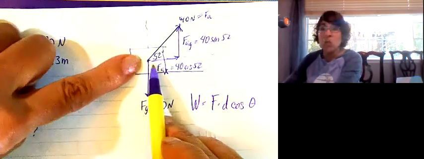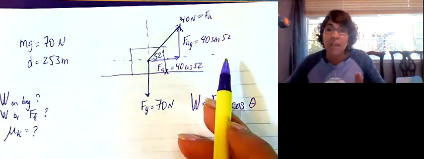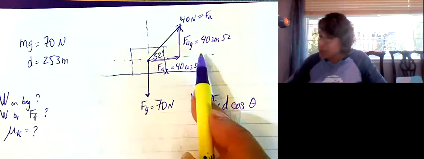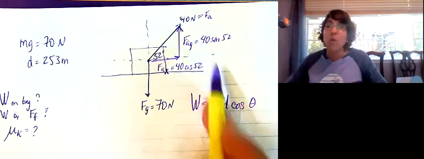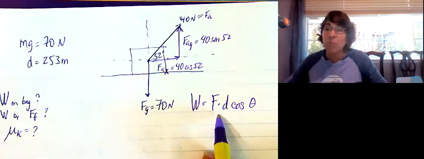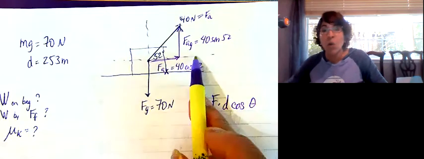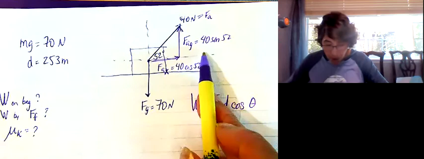Because if you're going to be dragging this box this way, the only force that's actually helping you to move it is the cosine one. So this vertical one you could say is being wasted. So that's why this equation is the work being done on the box: just the force that actually is helping it to go horizontally. Okay, so this is a good problem to show you why that equation is true.